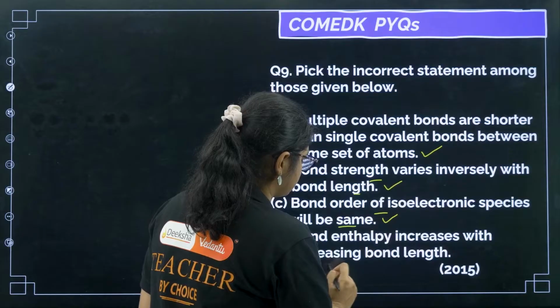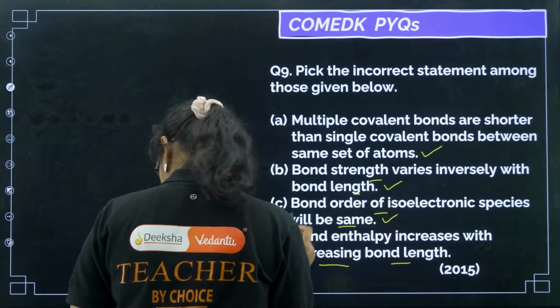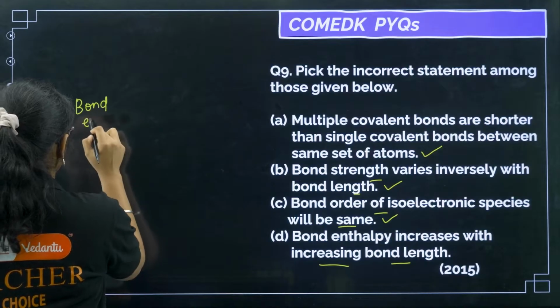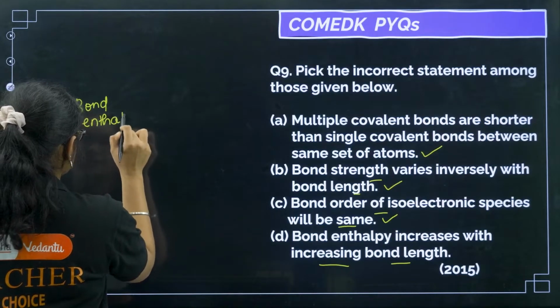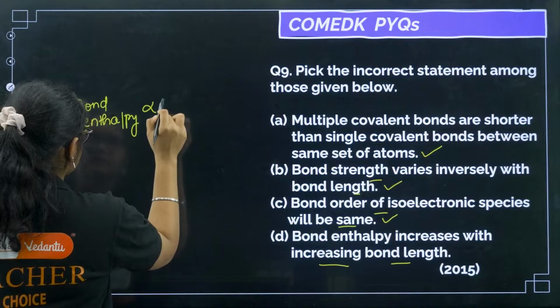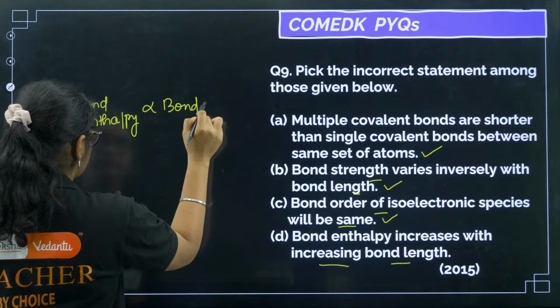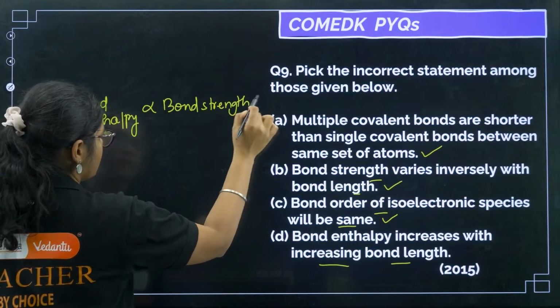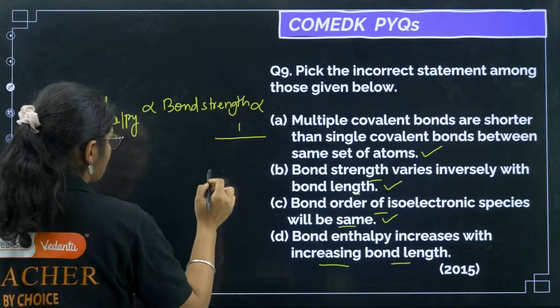Bond enthalpy increases with the increasing bond length. So let us understand this one. See, bond enthalpy means the energy required to break a bond, and it is proportional to bond strength. How strong is the bond? If bond strength is more, then definitely we will require more energy. Then it is 1 by bond length.